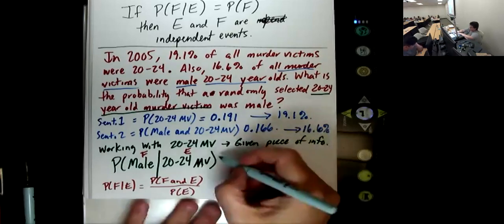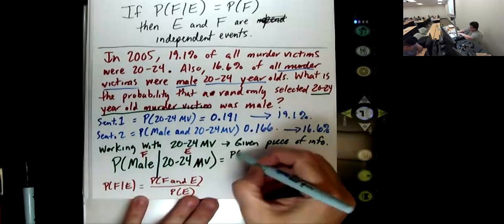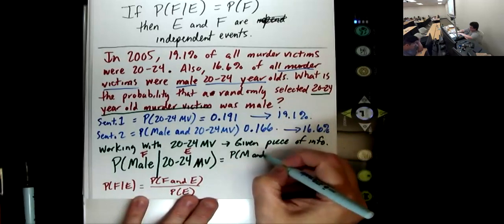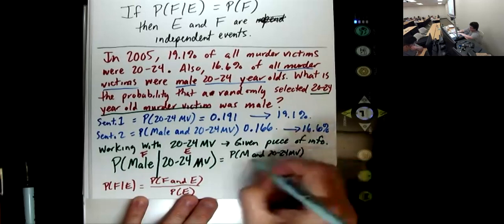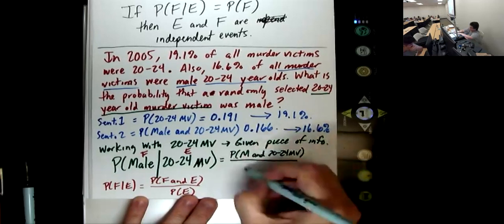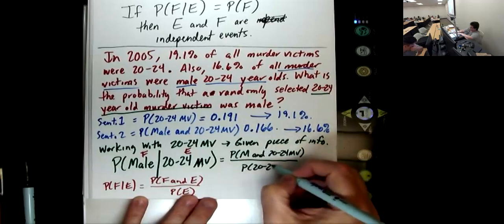So I need the probability of male and 20 to 24-year-old murder victim, divided by the probability of 20 to 24-year-old murder victim.